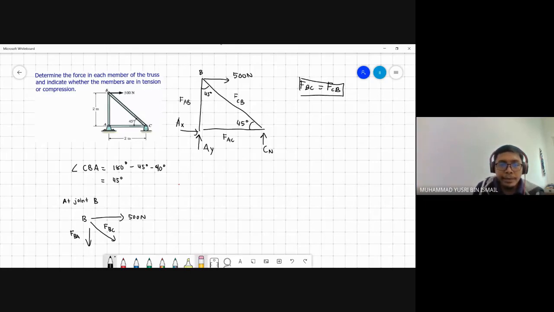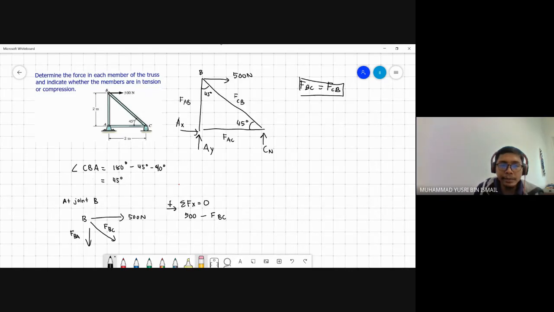From here we can write an equation of equilibrium of a rigid body, which is, positive to the right, summation of Fx equal to 0. So here is 500 minus FBC.